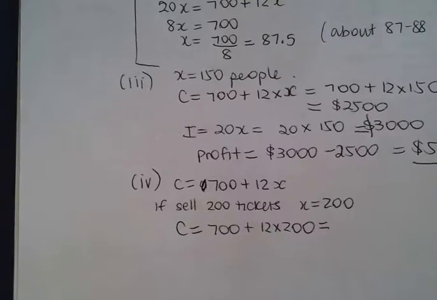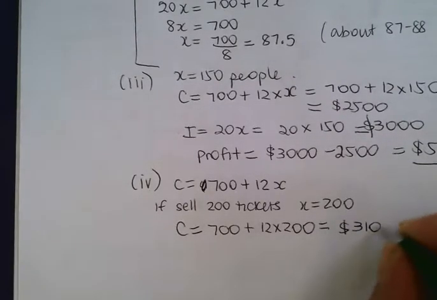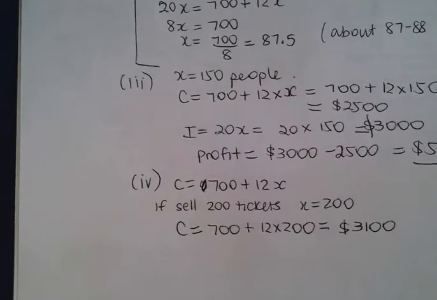You see what I'm doing? I just want to work out what it's going to cost. We just need to work out what it's going to cost for 200 people to go to this function before we can work out our profits, all right? So 700 plus 12 times 200, is that 3,100? So it's $3,100.